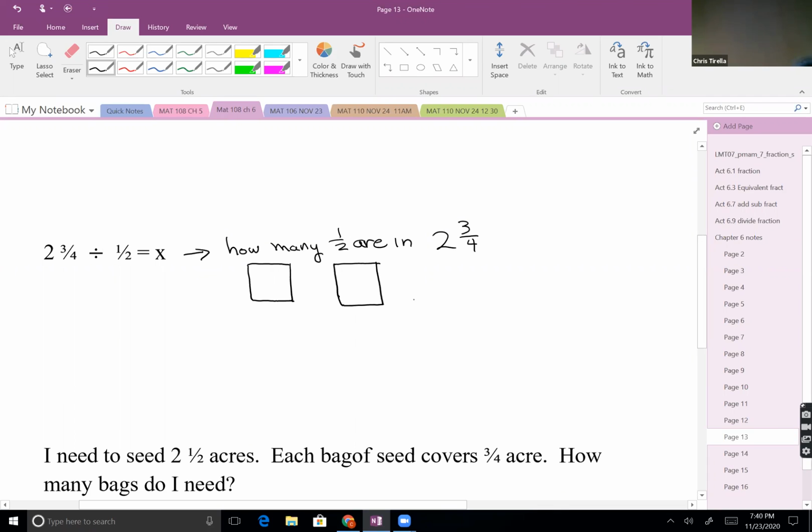I'd have 2, and then I have 3/4. And then I wonder how many halves are in there. Do you see how we have 1, 2, 3, 4, 5 halves? And then wouldn't this piece be half of a half? So we would say that that is 5 1/2.